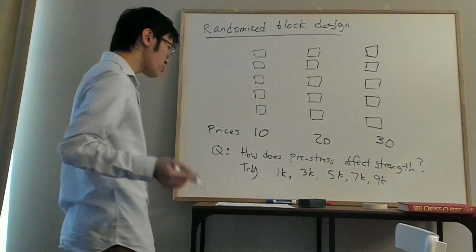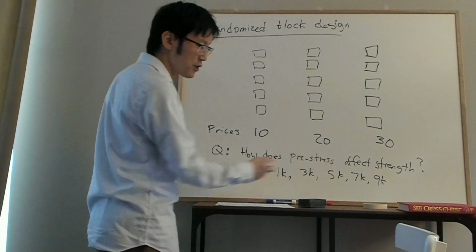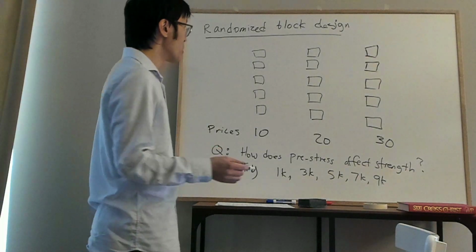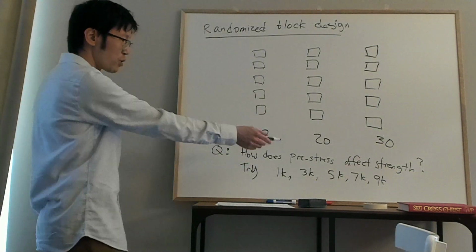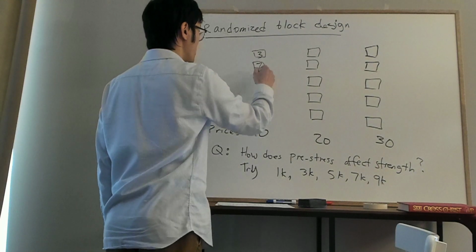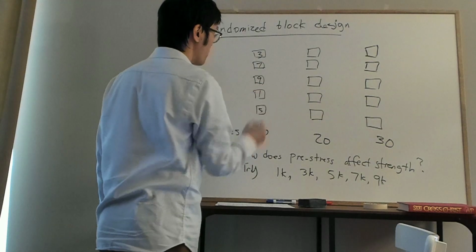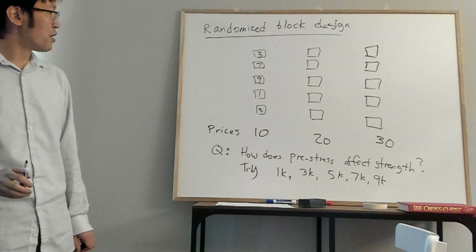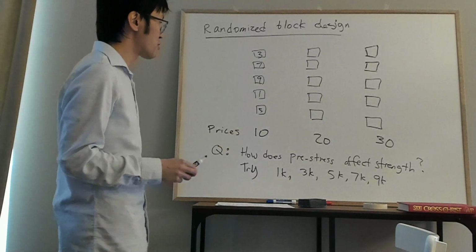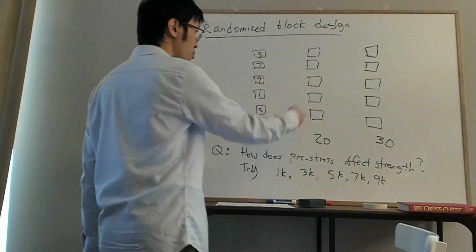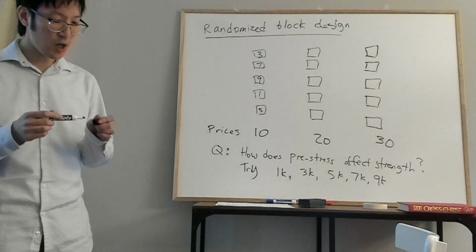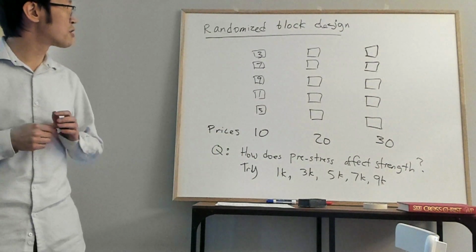Now I would randomly assign each of these treatments once to each of these pilot samples. We randomly permute the order, and so suppose we assign, let's say, 3, 7, 9, 1, 5 to the first 5 pieces in the cheapest grade lumber, and then we do the same for the other 2. That's how we would do the randomization in this example.